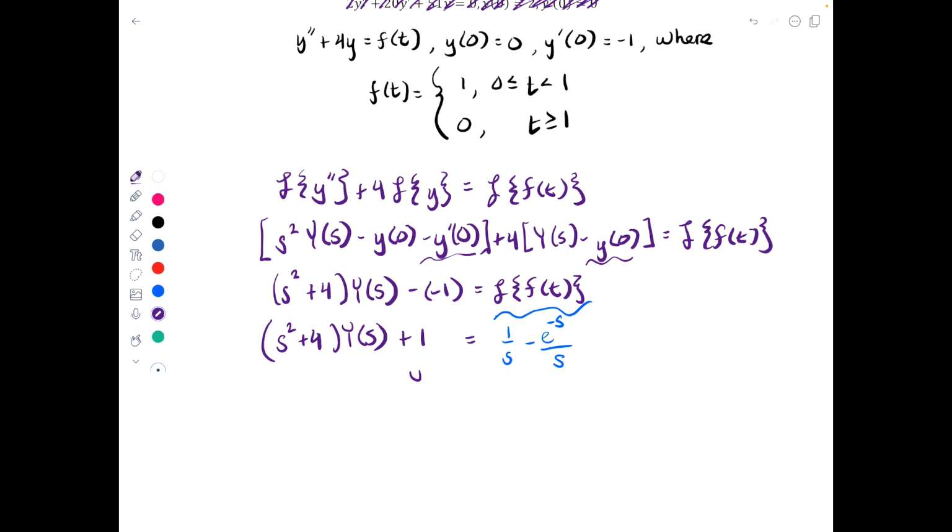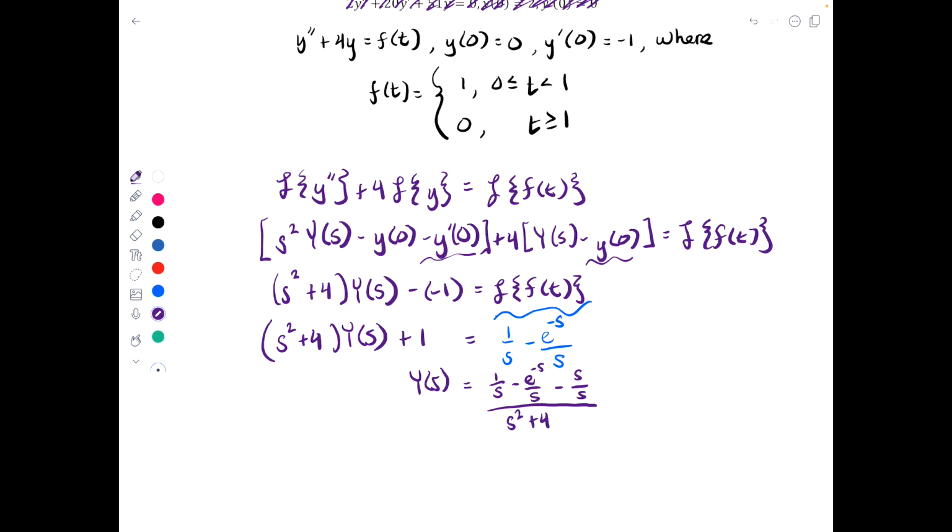Now we isolate Y of s. That's equal to, I'm going to write it as 1 over s minus e to the negative s over s. That I'm subtracting 1, but I'm going to write it as minus s over s, and that's all over s squared plus 4.